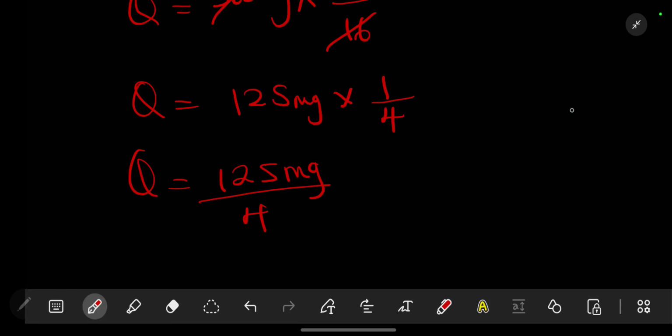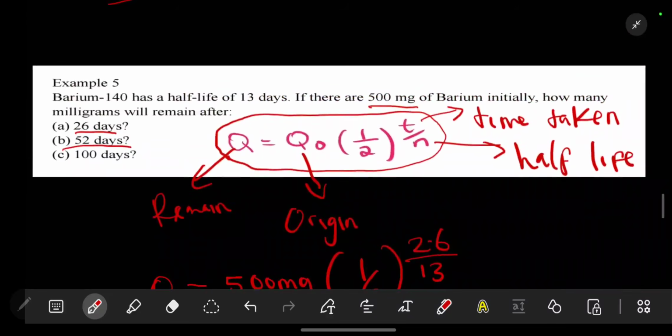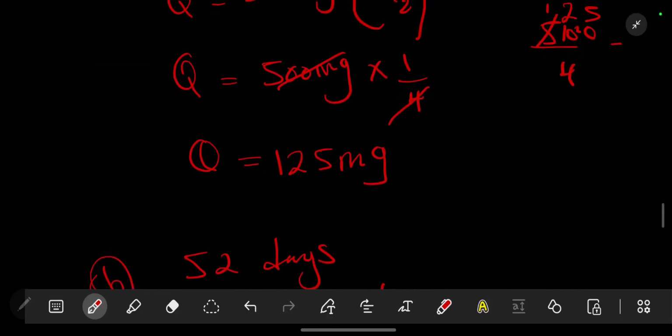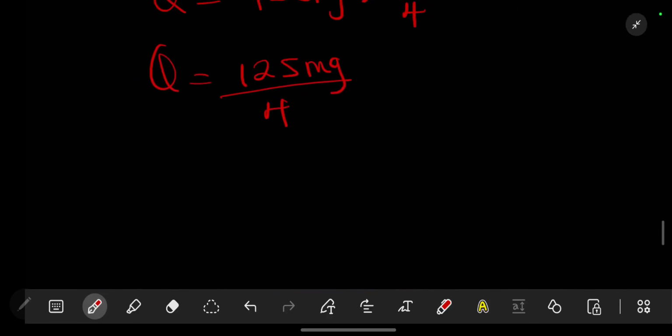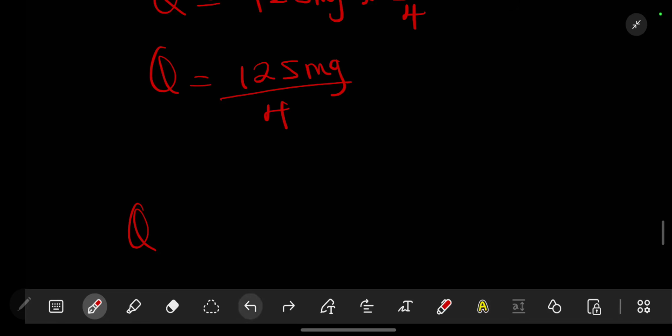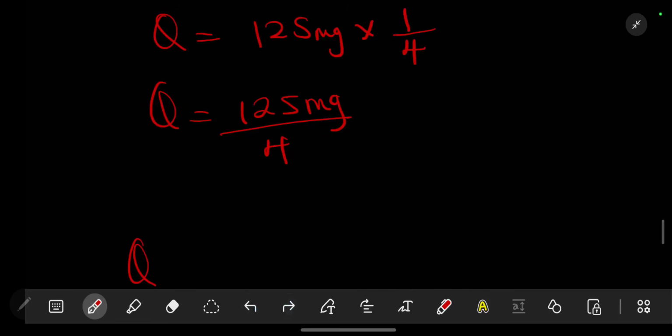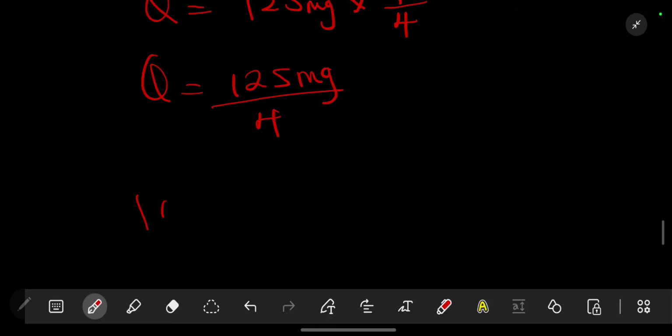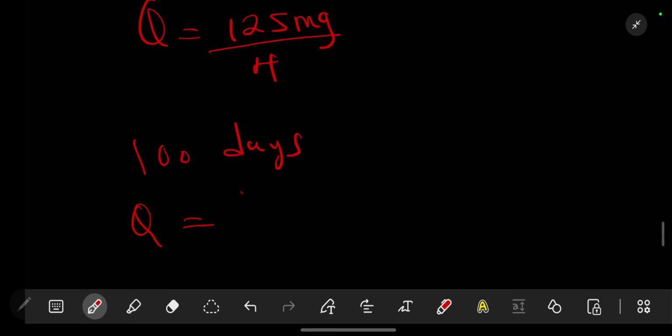Let's move on to our last part for this one. So if we have 100 days, what are we going to do? Same approach, we are going to say Q should be equal to, let's put 100 days. So Q should be equal to Q0 by half to the power of t over n.